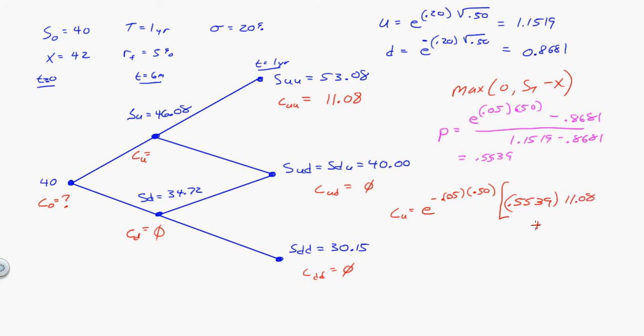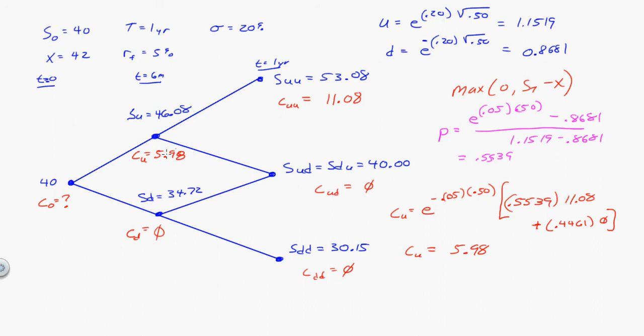I'm running out of room here, so I'll write this over here. 1 minus that probability would be 0.4461 times 0. So this is going to be equal to $5.98.